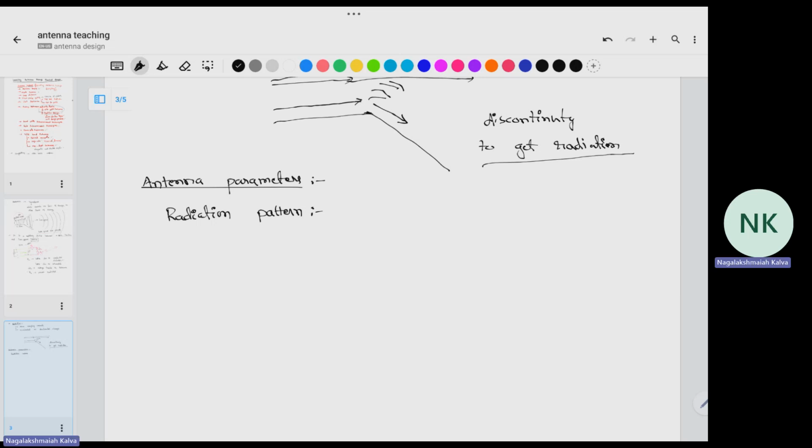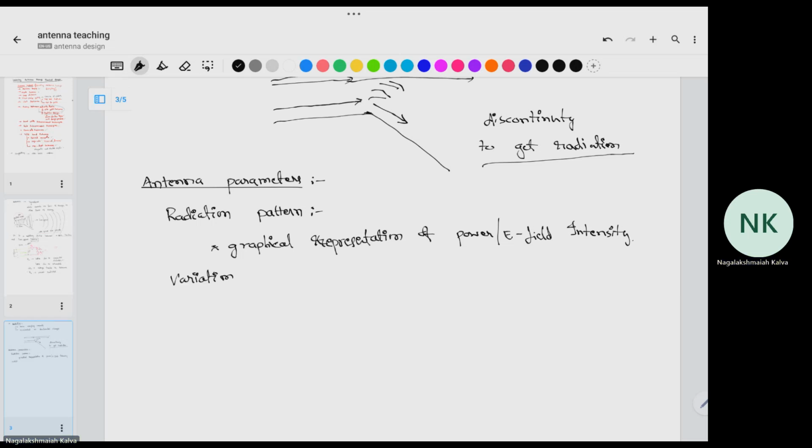So we can say directly, it's a graphical representation of power or electric field intensity, you can take anything, variation at a constant radius from the antenna.